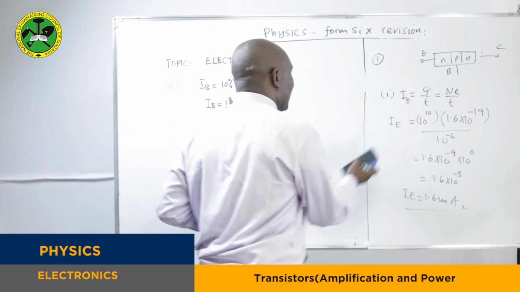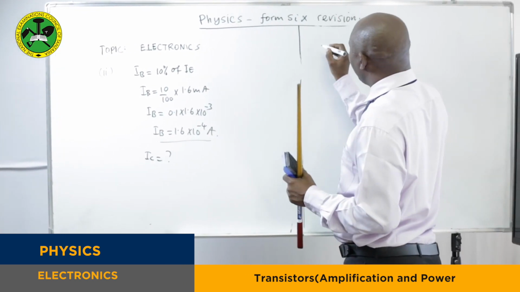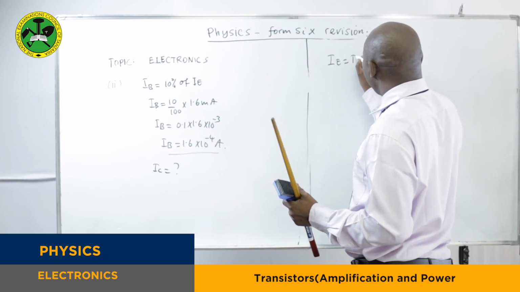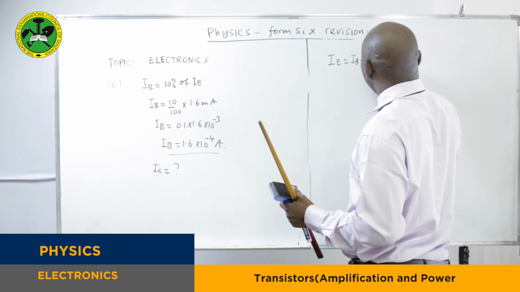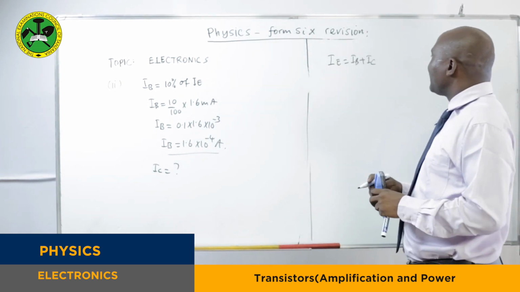Simple. We recall the formula which connects them. We don't have the other information, but you know that IE equals IB plus the collector current. This is the basic equation that we derived from the beginning of the lesson.